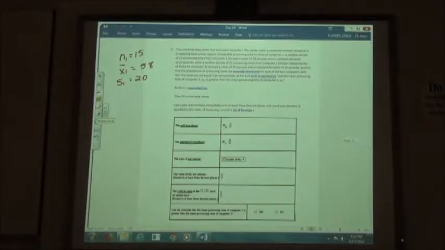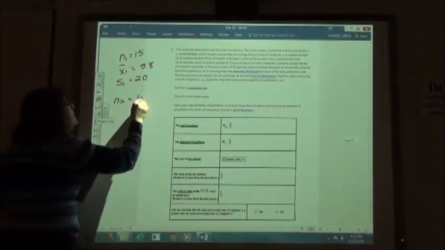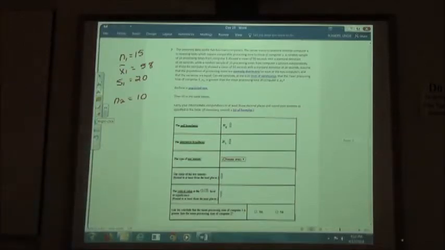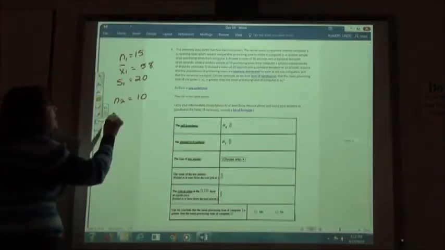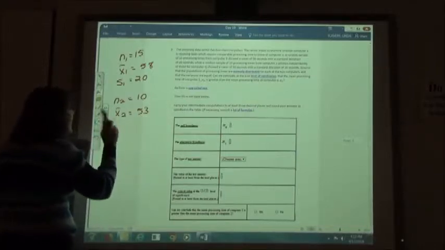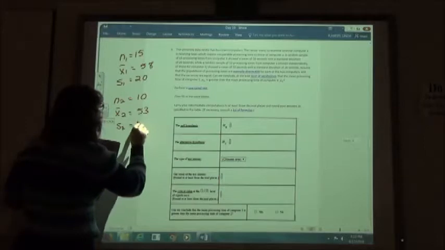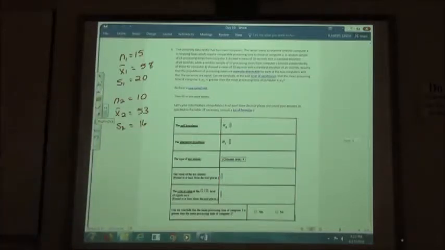While a random sample of 10 processing times from computer 2, so N2 is 10, showed a mean of 53 seconds with a standard deviation of 16 seconds. So X bar 2 is 53 seconds, standard deviation 2 was 16 seconds.